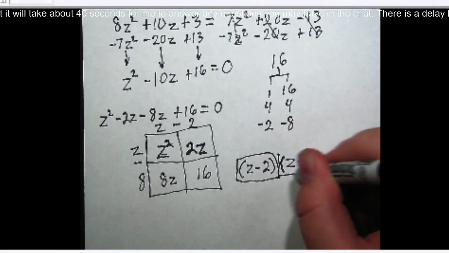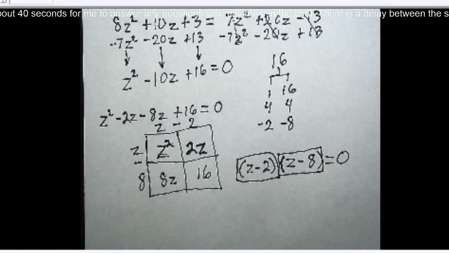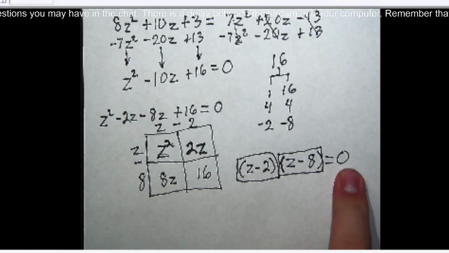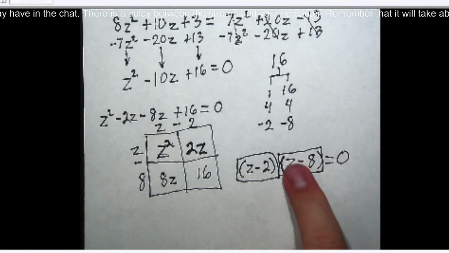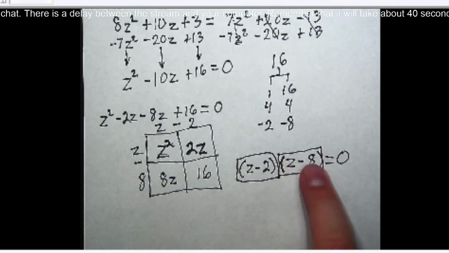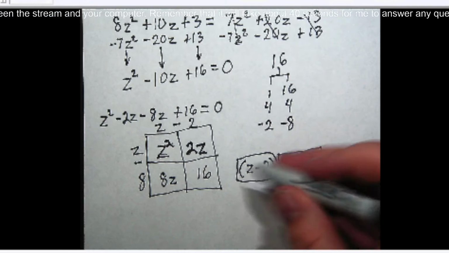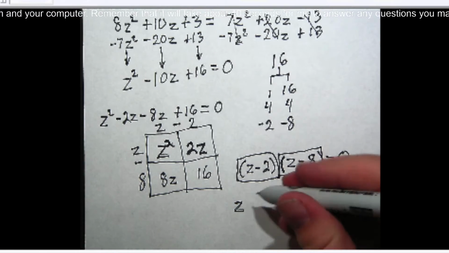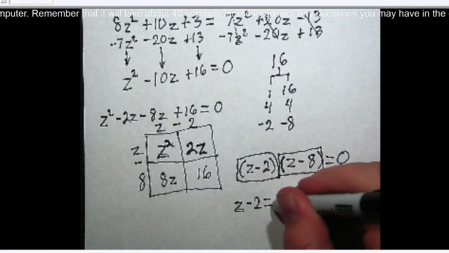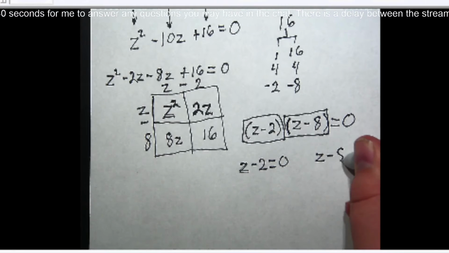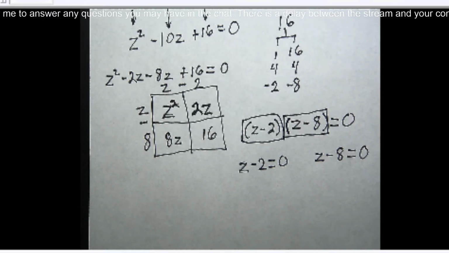This is another number. They both have different values. But somehow, when we multiply this number times this number, we get 0. And there's only one way for that to happen, and that is one of these numbers would have to be 0. So we say, all right, Z minus 2 could be the number that is 0. But as well, Z minus 8 could also be the number that is 0.